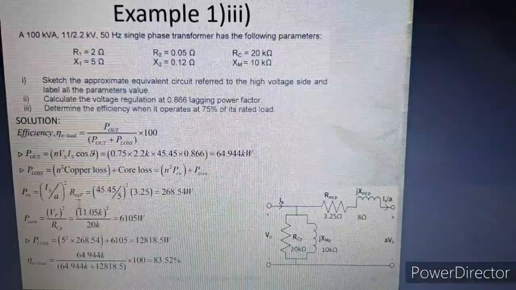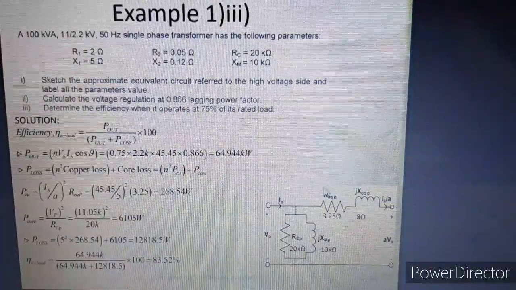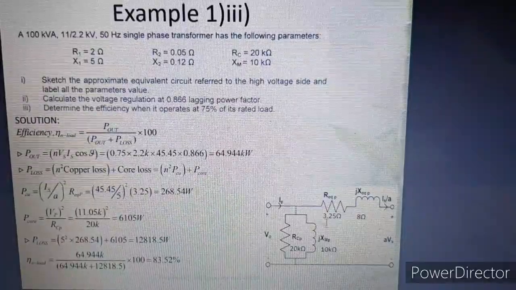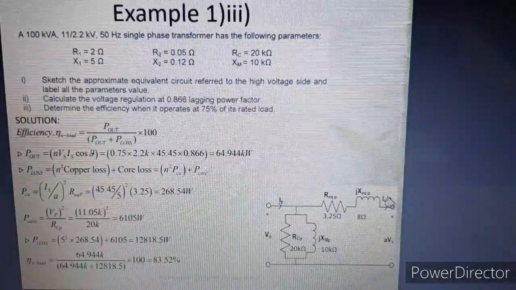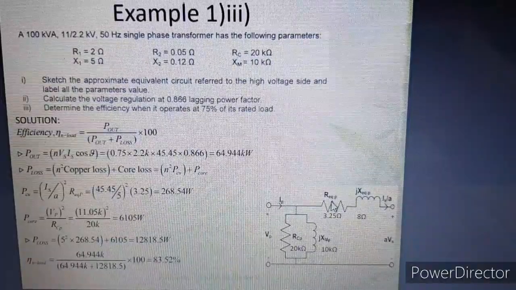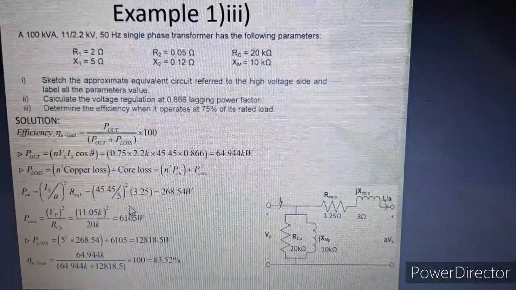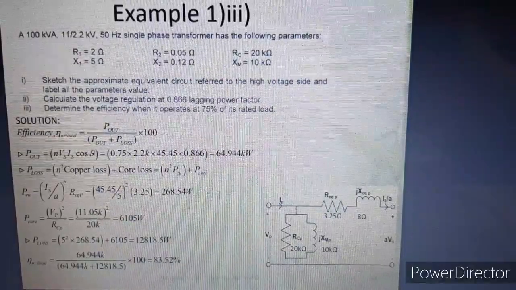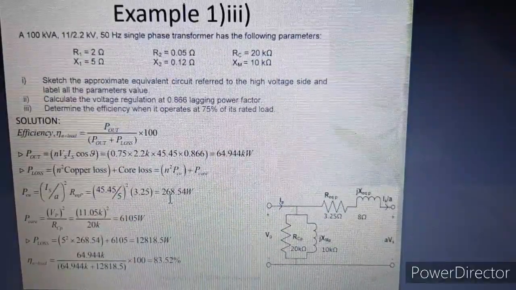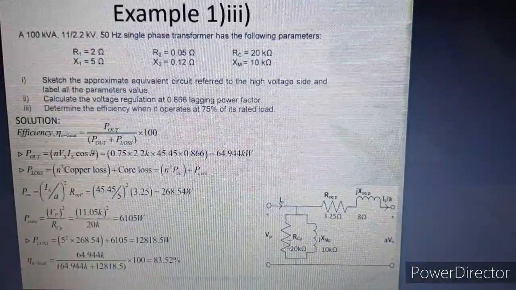For copper loss, this question is using reflector primary, so the losses at R equivalent P, that is equal to IS over A squared times R equivalent P. So IS is 45.45, A is 5 times 3.25, so you get 268.